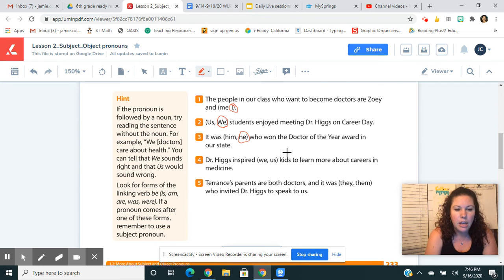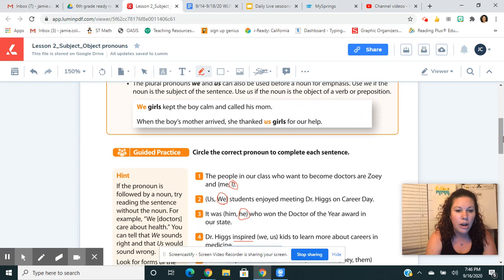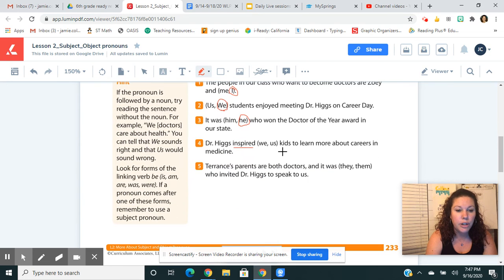Number 4, Dr. Higgs inspired we kids to learn more about careers in medicine, or Dr. Higgs inspired us kids to learn more about careers in medicine. This one comes after the verb inspired, which means if we go back up to our information, we use us if the noun is the object of a verb. And because this is linked to a verb, it is going to be us.